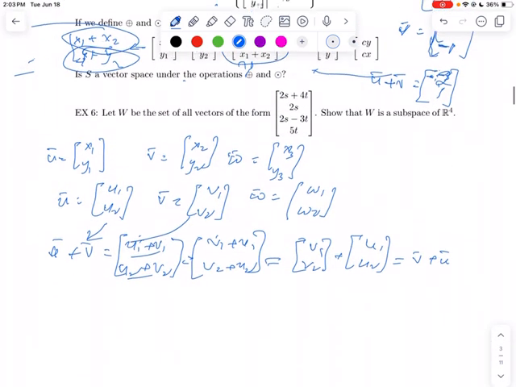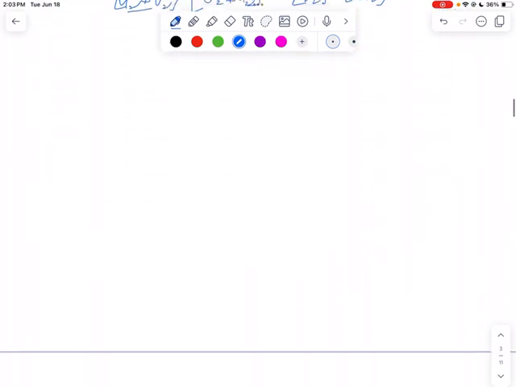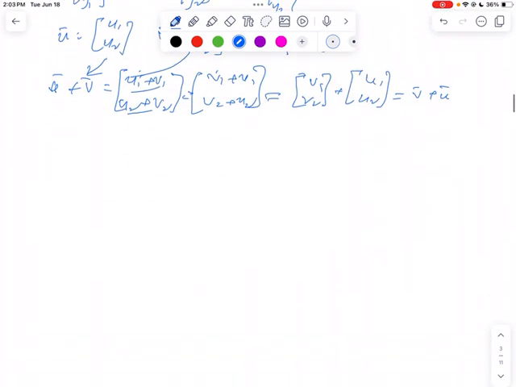Okay, what about the third property? The third property is basically we have to show that u plus v plus w is equal to u plus v plus w, with different groupings, and that's what we are going to check. So we check the left hand side.